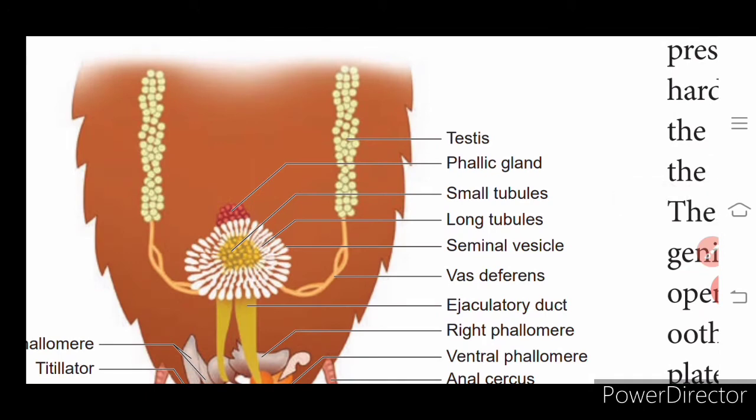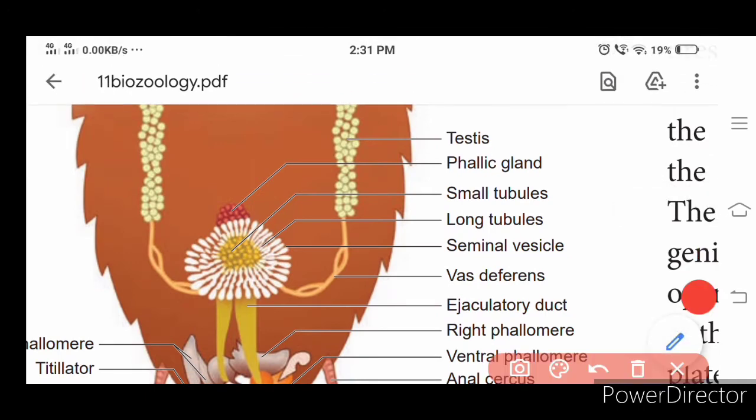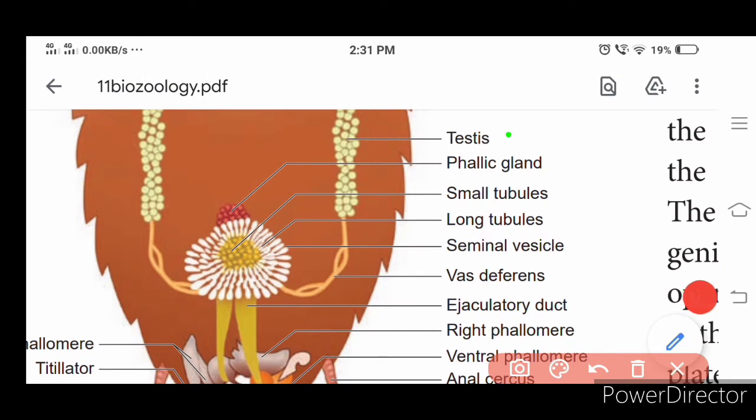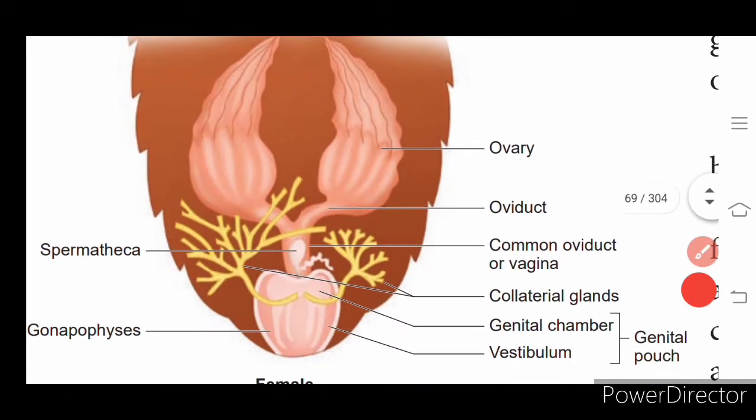You can see the structure starts with testes and continues with the vas deferens. Then it continues with the glands that you can see here, long tube, short tube, then the phallic gland, the male reproductive system.